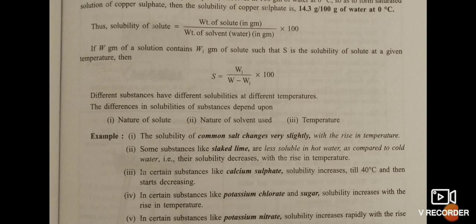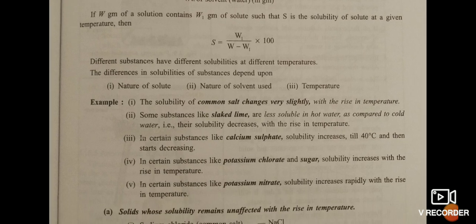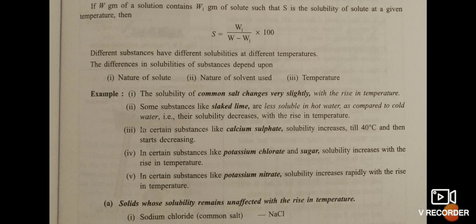Some substances like slaked lime are less soluble in hot water as compared to cold water. That is, their solubility decreases with rise in temperature. In certain substances like calcium sulfate, solubility increases till 40 degrees Celsius and then starts decreasing. In certain substances like potassium chlorate and sugars, solubility increases with the rise in temperature.